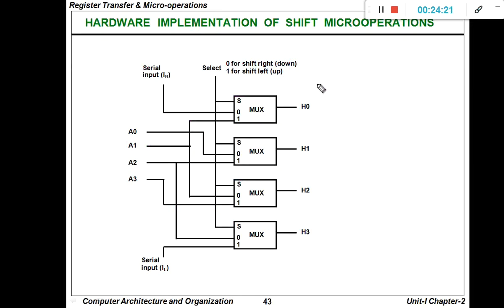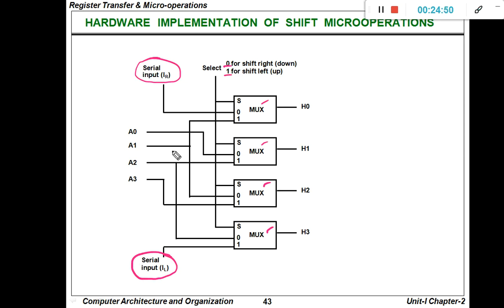So in this diagram we are going to see the hardware implementation of the shift micro operations. To implement the shift micro operations, we need 4 2x1 multiplexers. Here there will be selection input 0 as well as selection input 1, 2 selection inputs, and there will be one serial input IR and one more serial input IL.